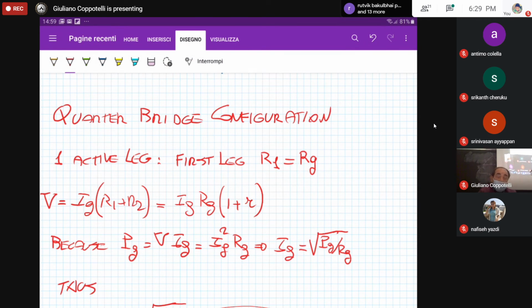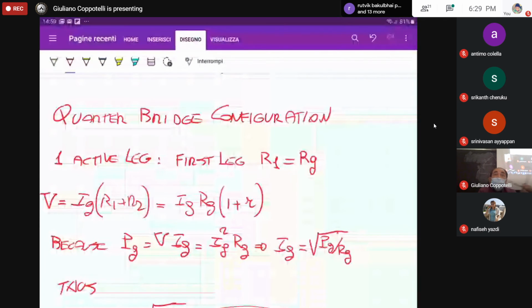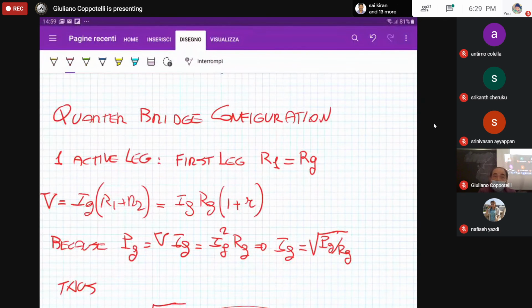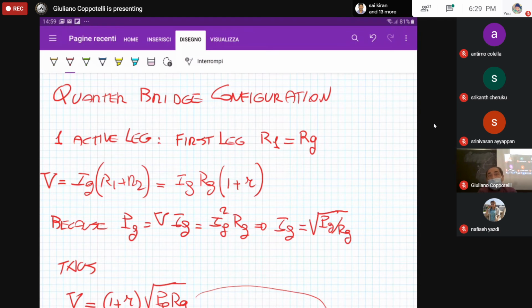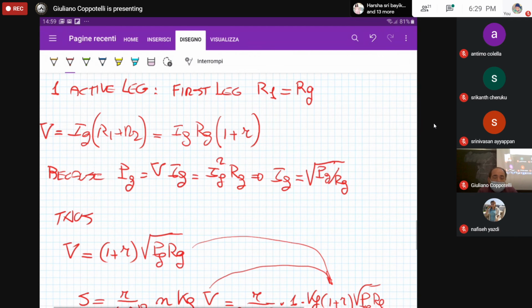So R1 times R3 should be equal to R2 times R4. Right. That is RG times R3 equal to... But R1 and R2 are different values. Different values, and indeed, these different values are taken into account by the lower r coefficient.